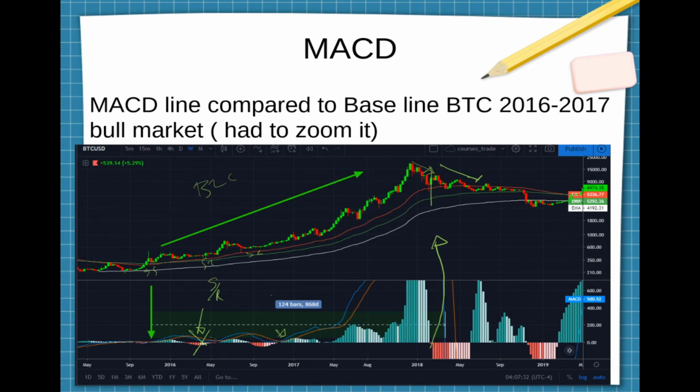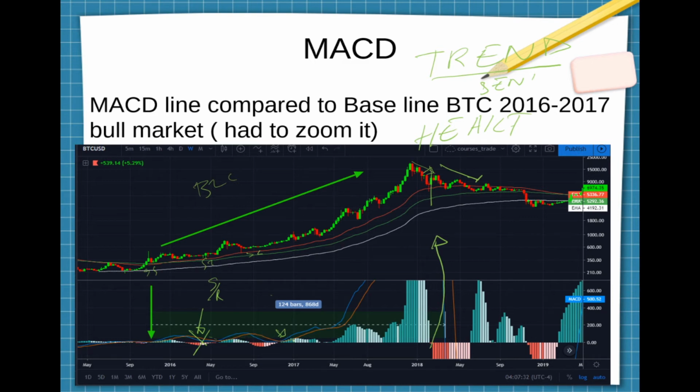So for me, MACD is more about trend sentiment, or if I can say, trend health. Is the trend healthy? If I'm in a bull trend, I say the trend is back on track, it's up and running good.